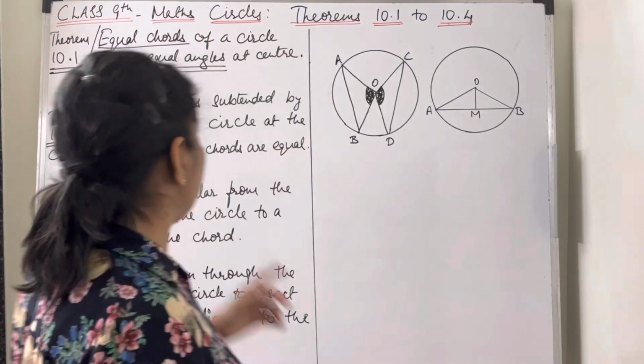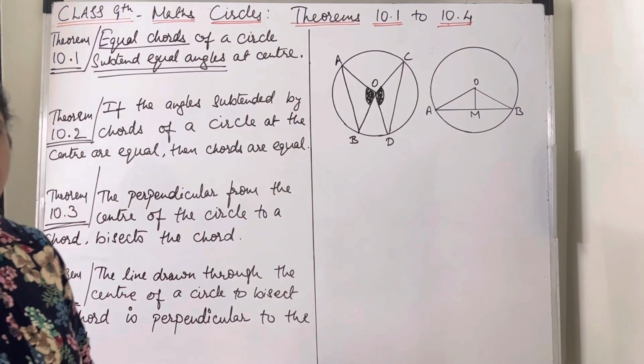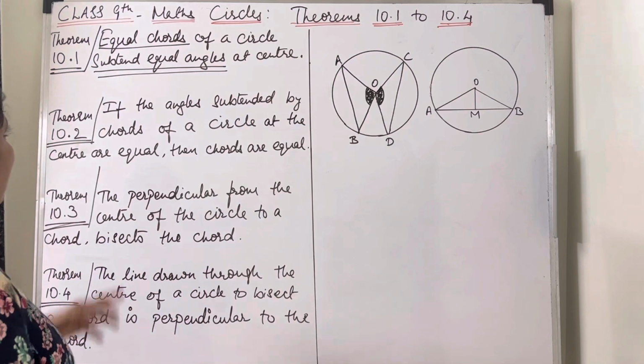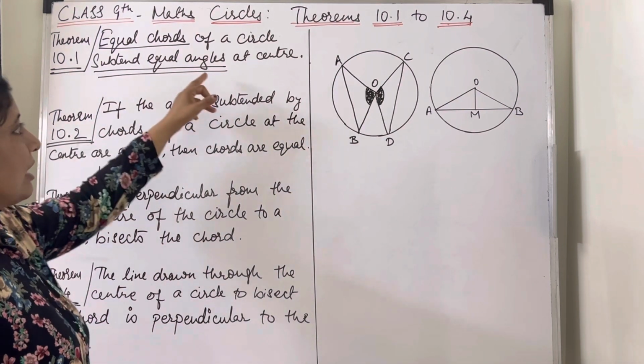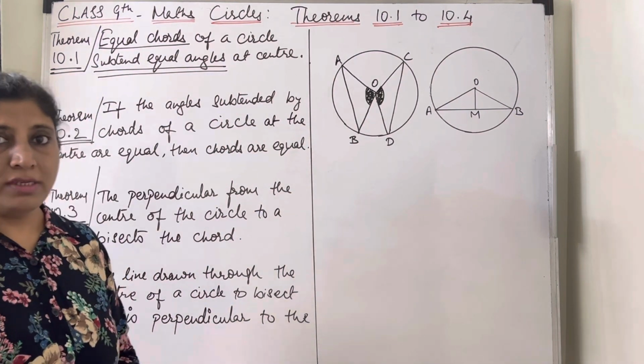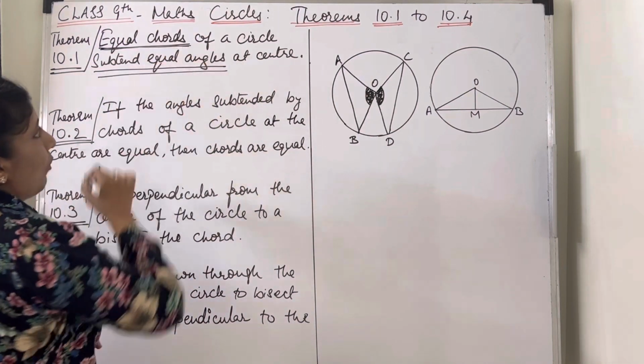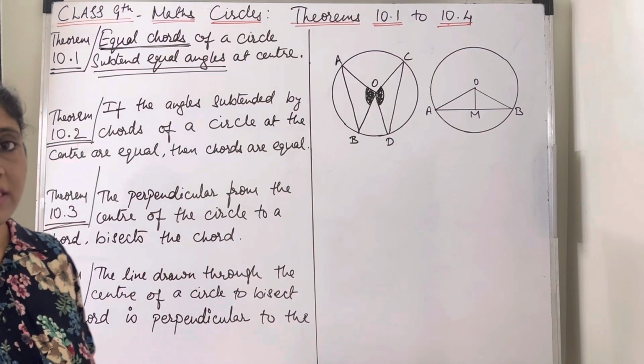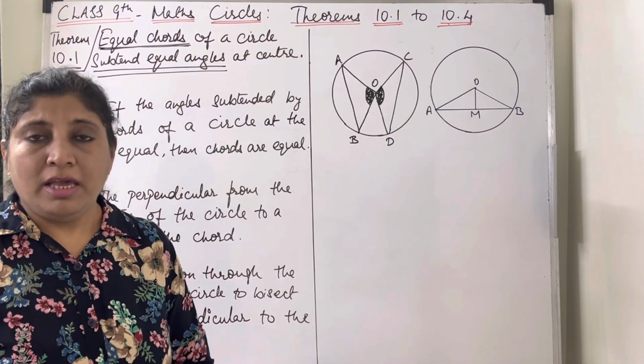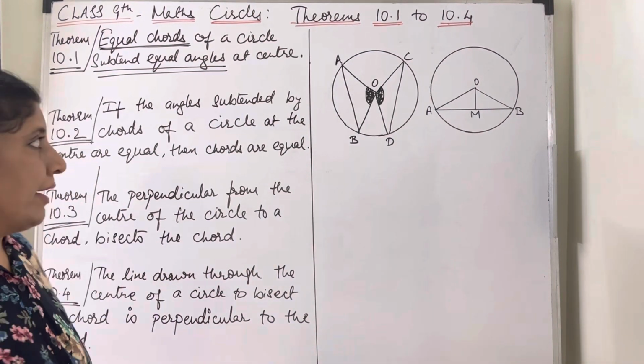Theorem number 10.1. Now what is theorem 10.1? See, it says equal chords of the circle subtend equal angles at the center. So what is given is equal chords. Equal chords have been given. And what is to be proved is that these two chords which are equal, they will subtend equal angle at the center.